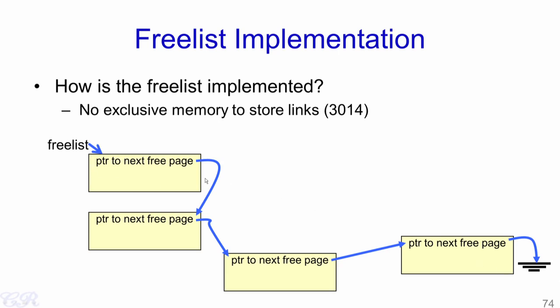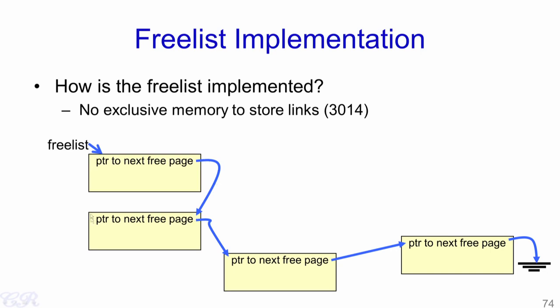One thing which is different from the standard linked list is that there is no exclusive memory to store the pointer to the next page. You note that each of these pages is of 4 kilobytes, and this 4 kilobyte free page is not used for any other data. Thus, the 0th location in this page contains the pointer to the next page.